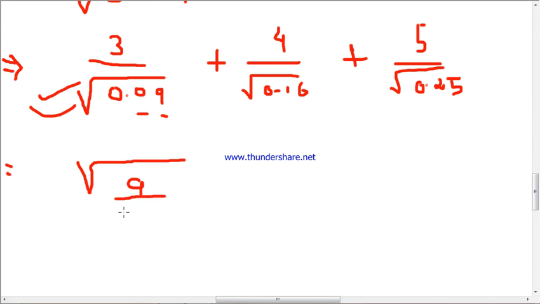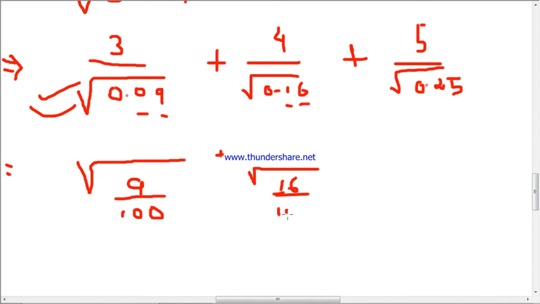9 divided by 100, 2 places of decimal, plus root over of 16, 0.16 is there. All right, 16, and then the denominator there is how many places of decimals? 1 and 2.